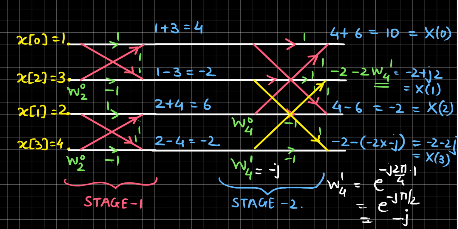Same thing we can observe here when we are having the stage 2, that is the twiddle factors that are considered are W4 to the power 0 and W4 to the power 1.